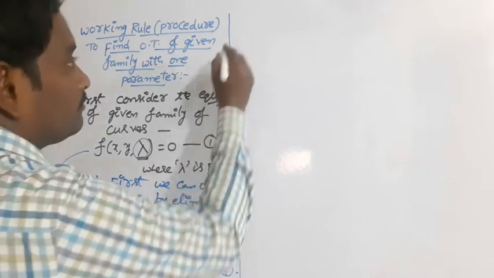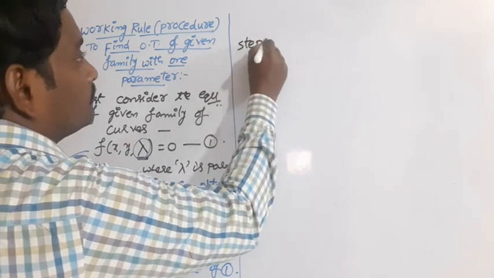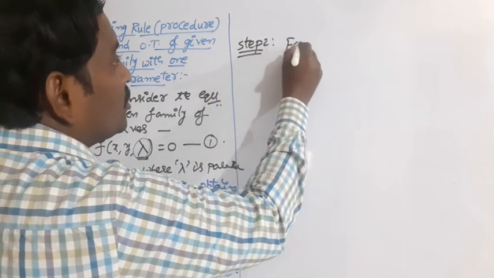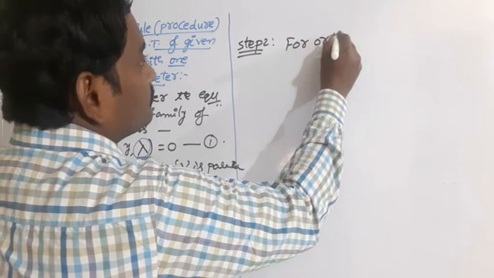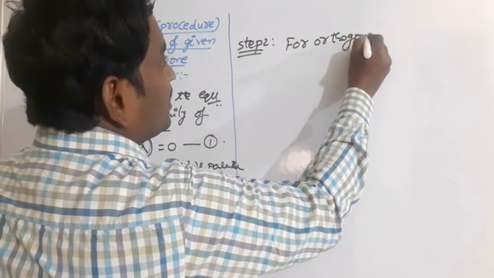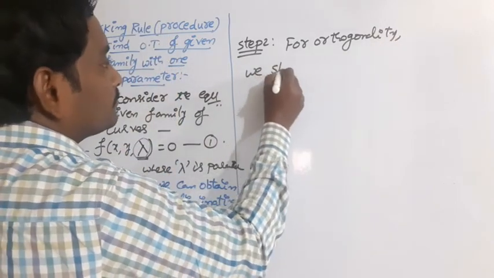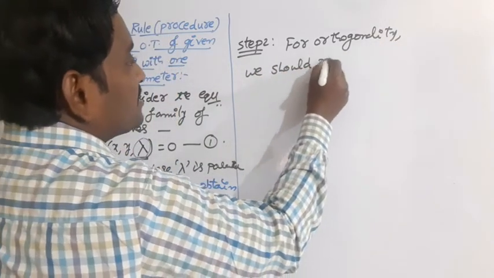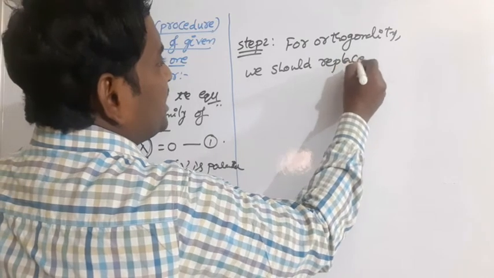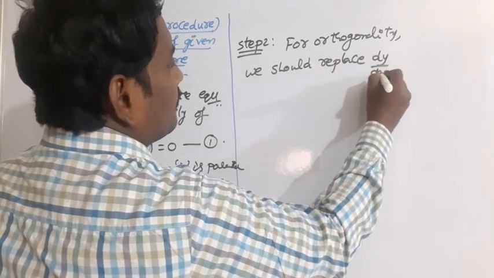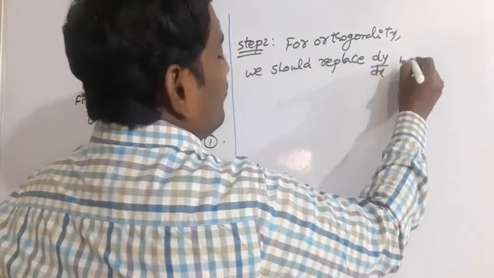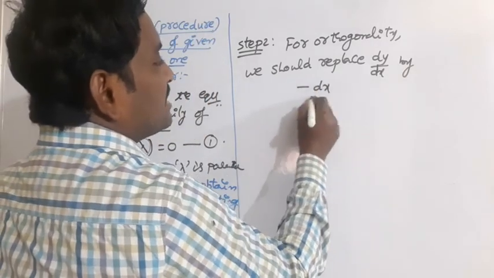Now step 2. For orthogonality, nothing but perpendicularity, we should replace dy by dx by minus dx by dy in equation number 2. This is the important point.